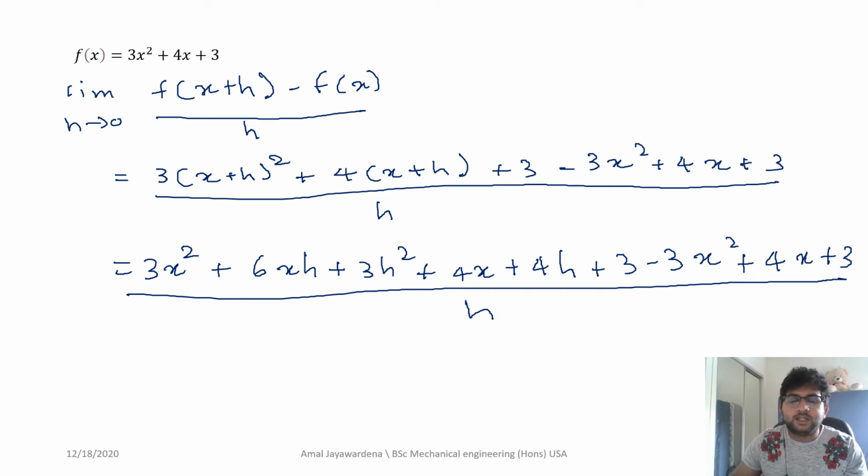Let's see, is there anything that's going to cancel out here? Yeah, 3x squared minus 3x squared is going to cancel out.